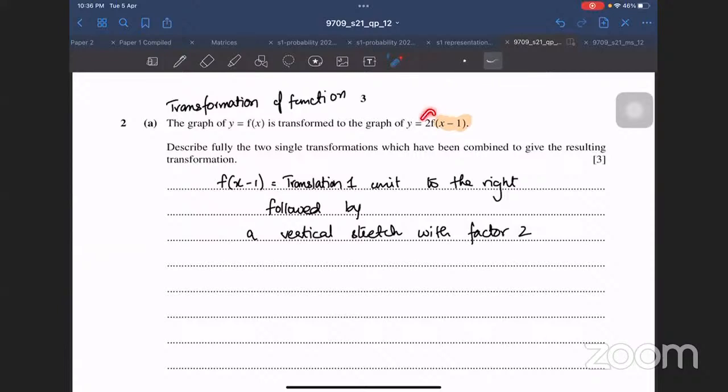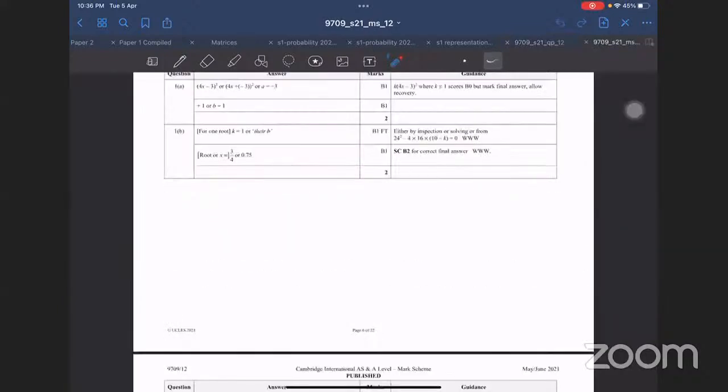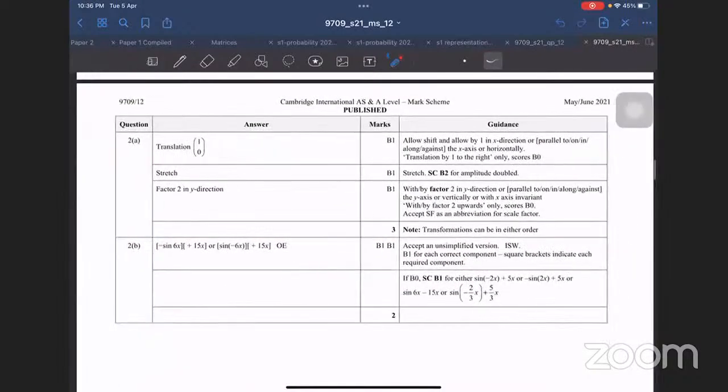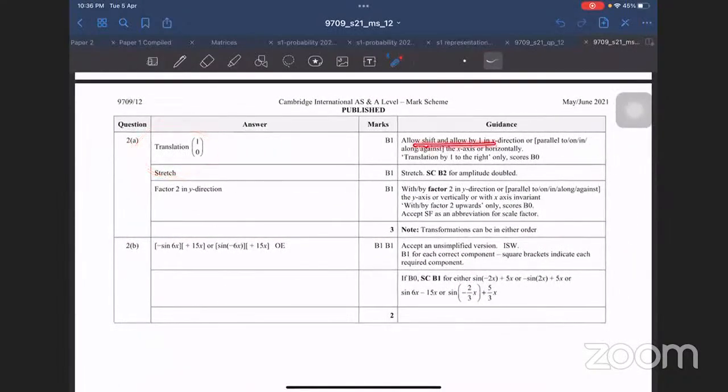Since this is outside, it's a stretch on the y-axis. Let's see what the marking scheme says. It says translation 1, 0, or you could describe it as translation 1 to the right.